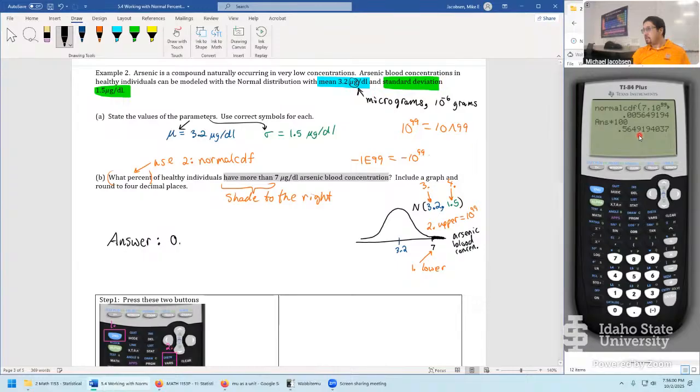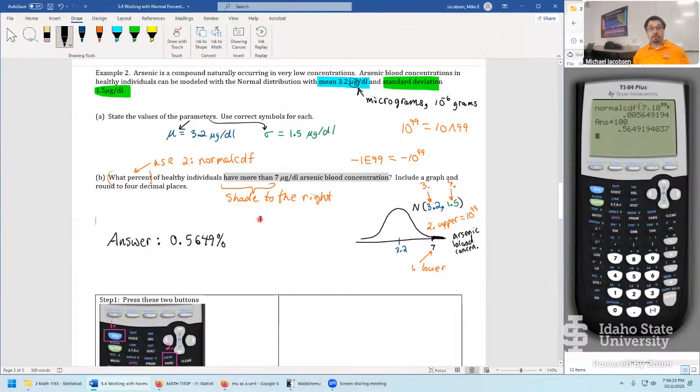is 0.5649%. So less than 1%, barely over a 0.5% of the healthy population of humans have a blood arsenic concentration more than 7 micrograms per deciliter. So that's a pretty unusual event. Probably no one in this room.